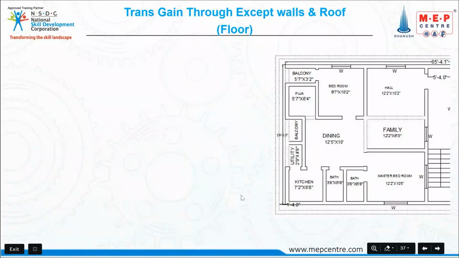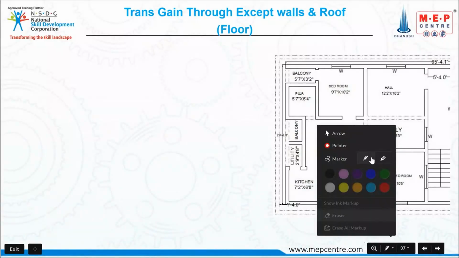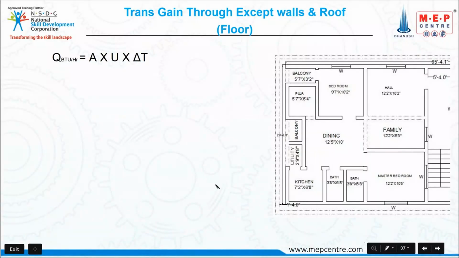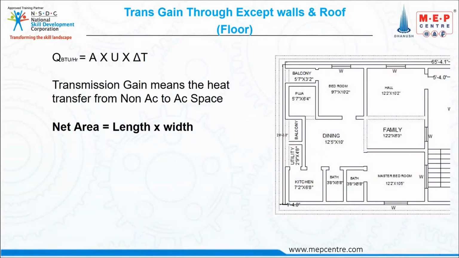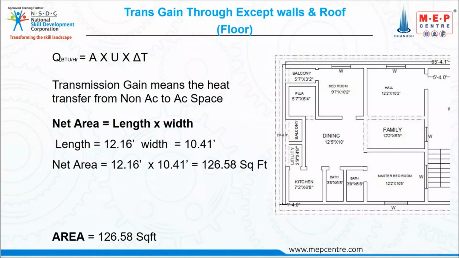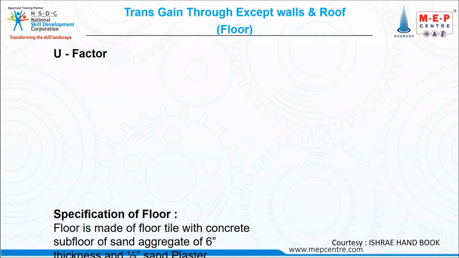Now, very simple. Same formula. Transmission gain means heat transfer from non-AC space to AC space. So net area of floor is the area of room, right? Room area कितना होता है, floor area same होता है. U factor.